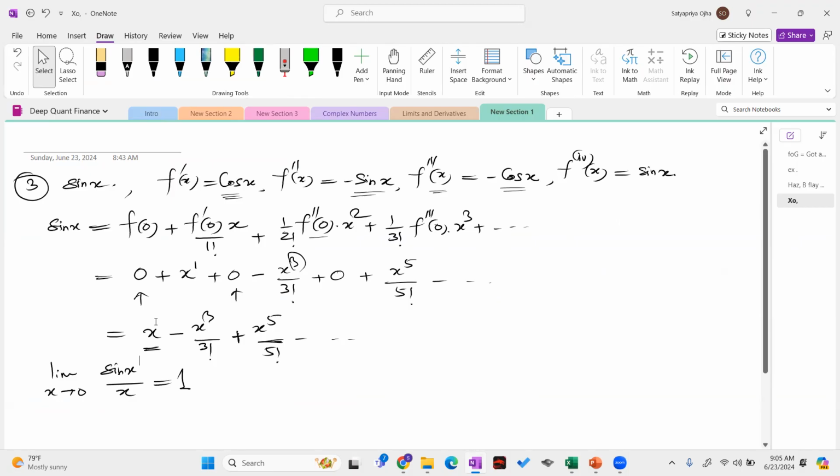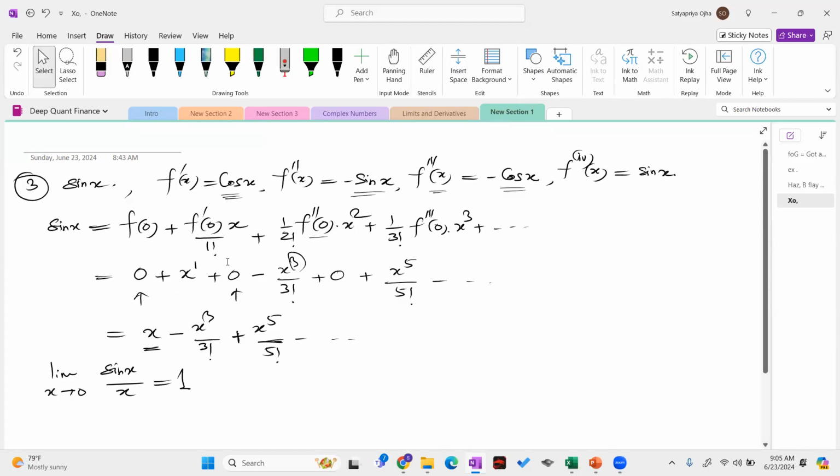What is the constant approximation of sin x? 0. Perfect. I didn't write 0 in the final expression because 0 is 0. But if you look at the constant approximation, the first term is 0. So your approximation of sin x is 0 everywhere. All right. Linear approximation would be sin x is equal to x.